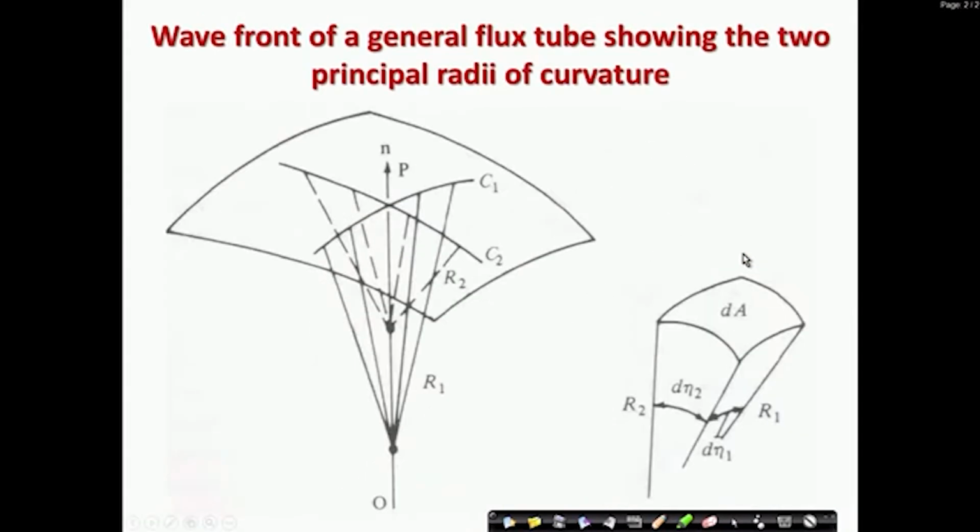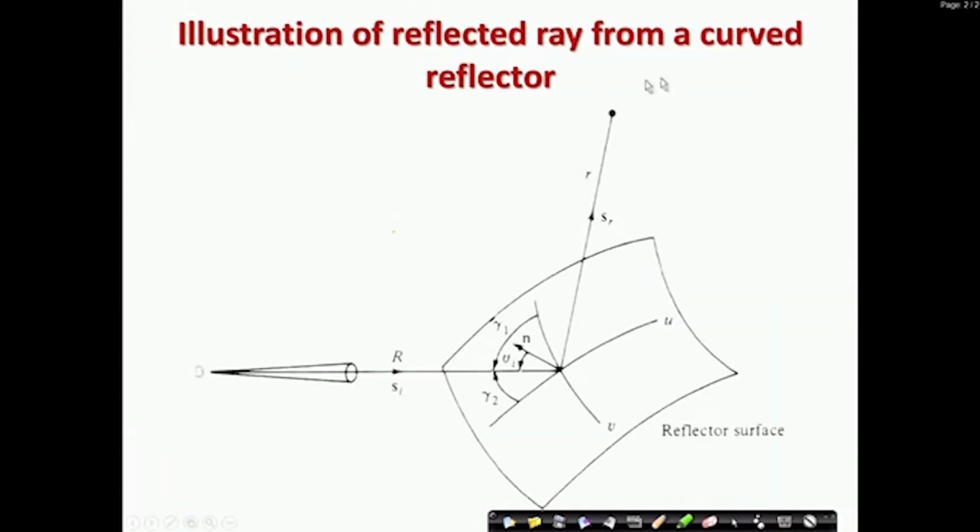So, we will have to see the next slide. So, our case will be like this. We have an incident tube, then that incident tube will go here, only one ray is shown, but actually here also there will be a tube, and the incident tube and the reflected tube total power should be conserved, because we are assuming this to be a conducting surface. Okay.